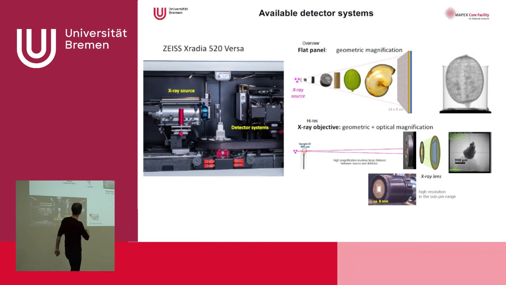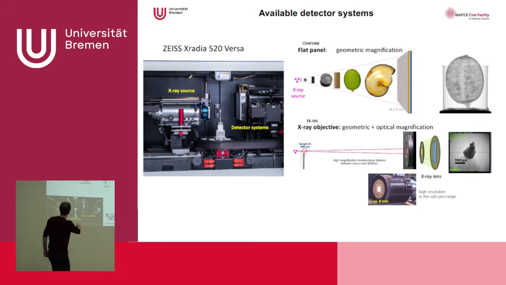But of course, if you have this kind of large sample, you could move it over here and then partially make a zoom, a high resolution scan only of a part of this interior. So that's also a good thing. You can first make an overview scan and then move it closer. And then in the overview scan, you can look in the region where to focus your next zoom high resolution scan.